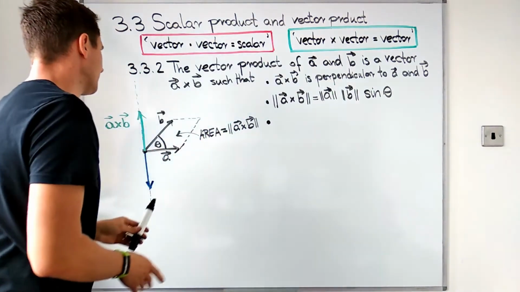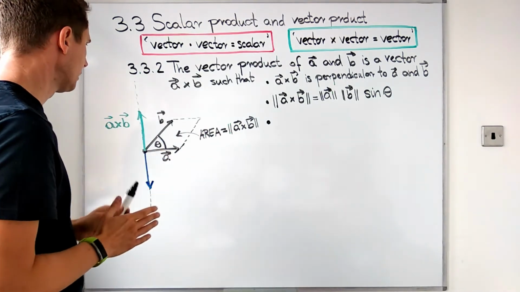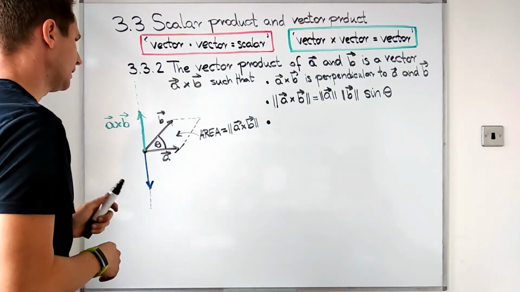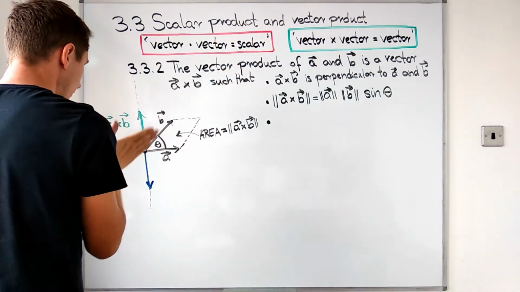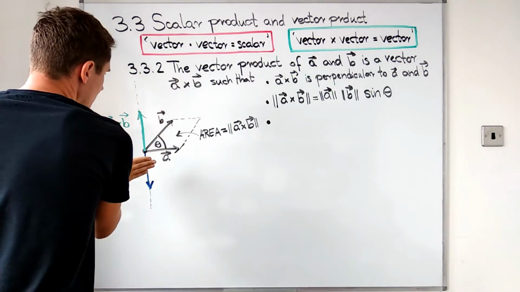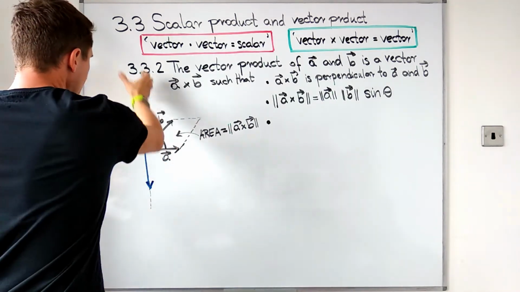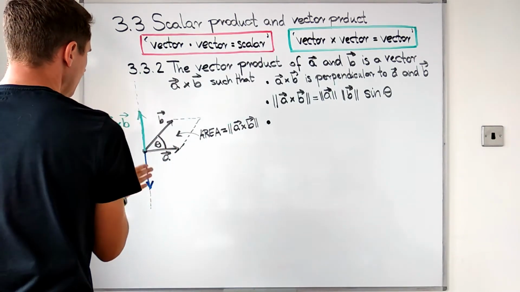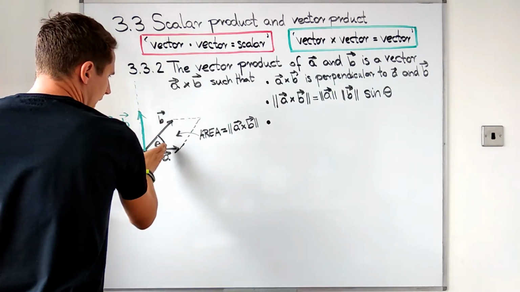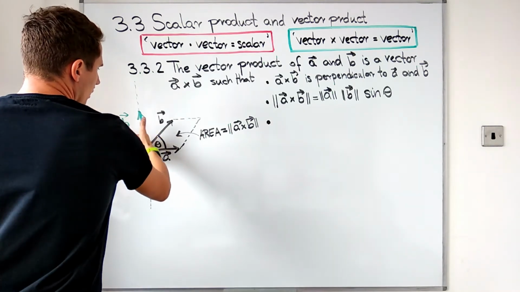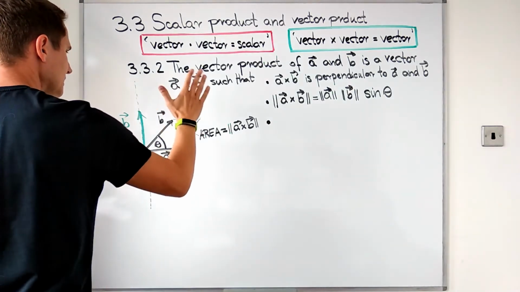It says that the three vectors A, B, and A cross B, in that order, should satisfy the right-hand rule. So take your right hand and slowly try to go around this line, sort of grab this line that is perpendicular to the plane. You should be able to grab it so that you first touch A, then B, and your thumb will point in the direction of A cross B. So this is the right-hand rule.